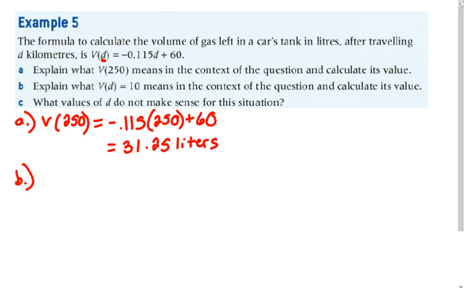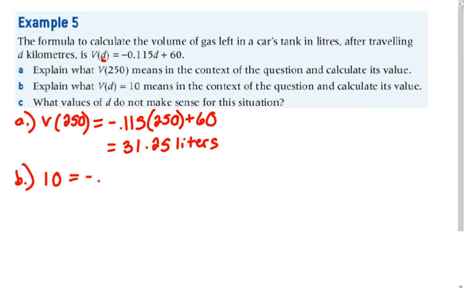B says explain what V of d equals 10 means in the context, and then calculate the value. So now V of d is 10. So V of d represents the volume of gas. So what we're looking at is, when do I have 10 liters of gas left? Like, how many kilometers were we traveling to get to that point? That's what we're looking at. So therefore, 10 goes in for V of d.